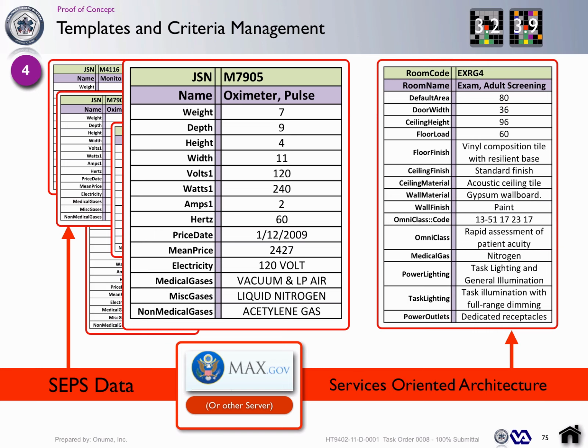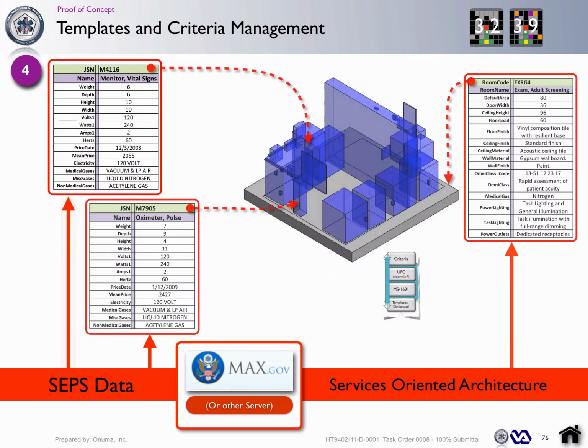We've noticed this on a lot of objects in SEPS. We're still evaluating it, but it looks like either there might be errors or the data was misinterpreted. So by exposing it like this, it actually makes it easier to understand what needs to be updated. That's another byproduct of making it web enabled.